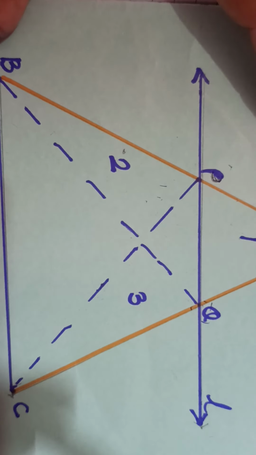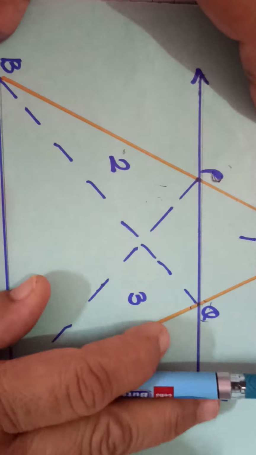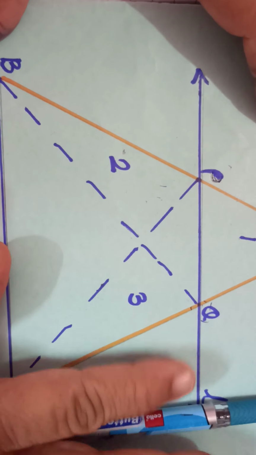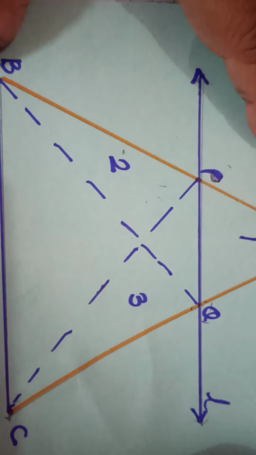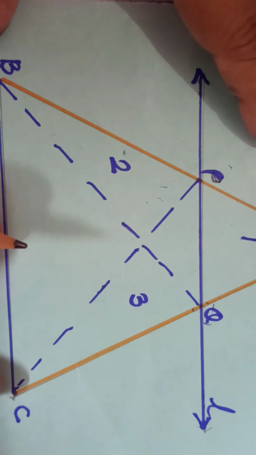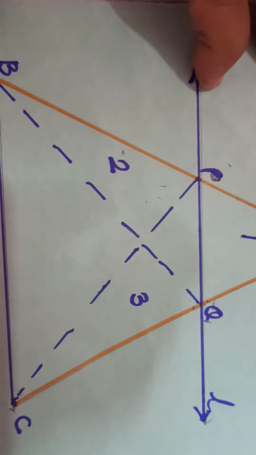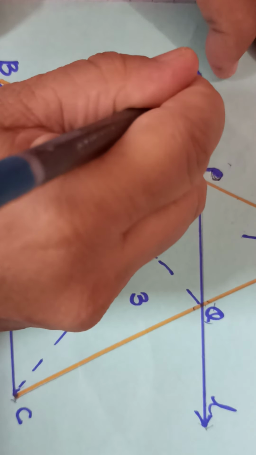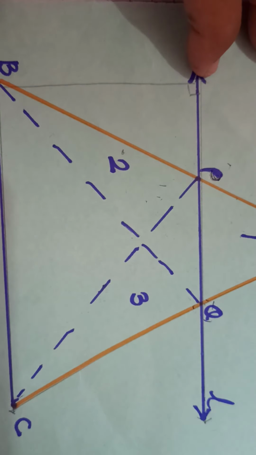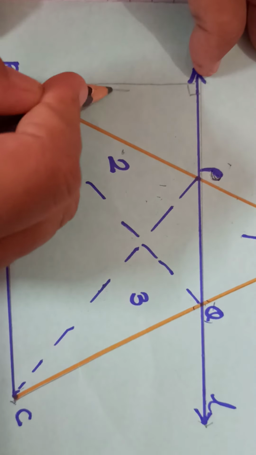What is our conclusion? The triangles lying in between the two parallel lines have common height. You can consider this as the common height, H, of both the triangles.